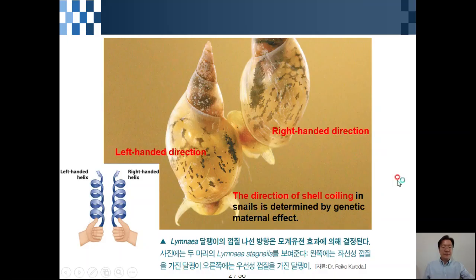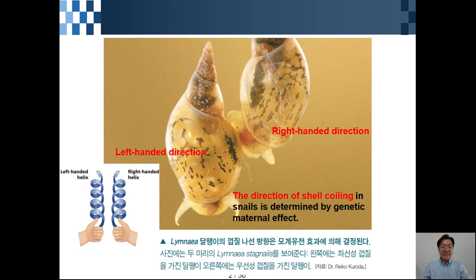In this slide, you see the direction of shell coiling in snails; snail is 달팽이. One is left-handed, and the other is right-handed, so there is a little difference between them.